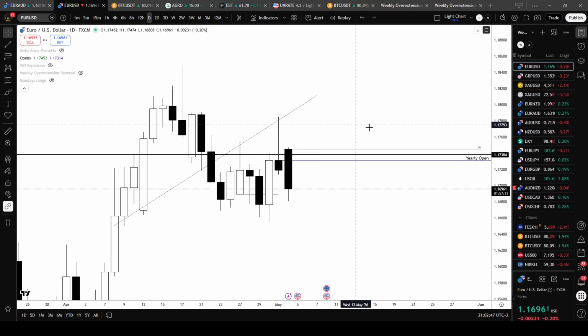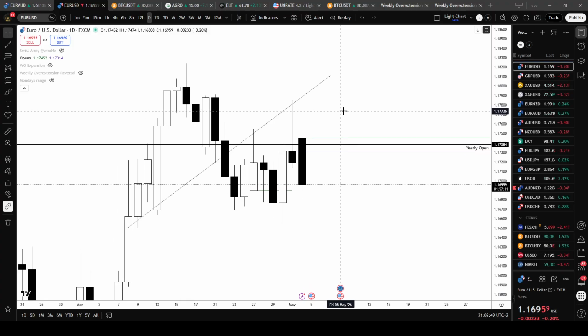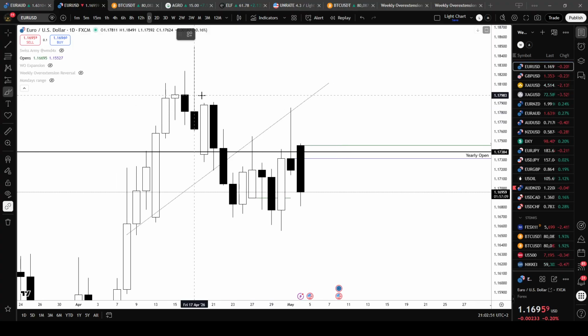And here, I think there are some conflicting signals, because you do have a bullish engulfing on Thursday, but the Friday candle looks really bearish, traced into the trend line. It really doesn't line up with a true bullish engulfing.